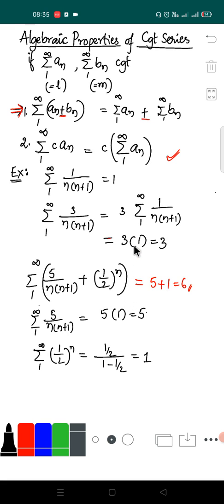So to dismantle it, we use this theorem, this particular law, the algebraic properties of convergent series.